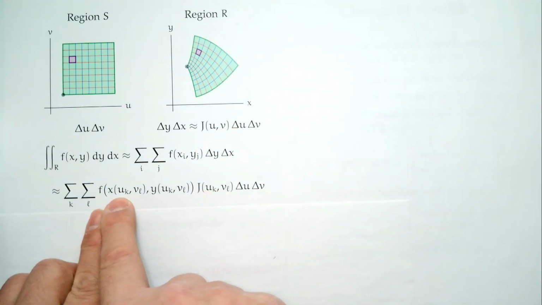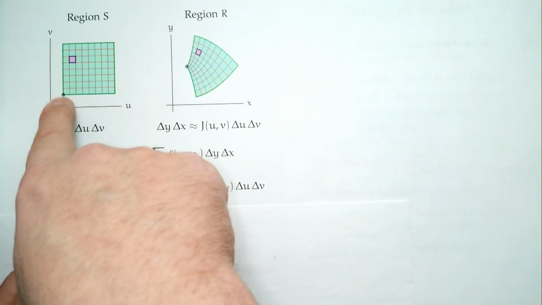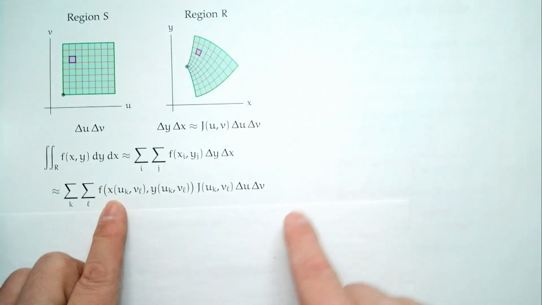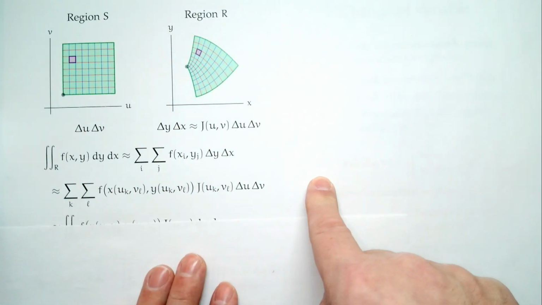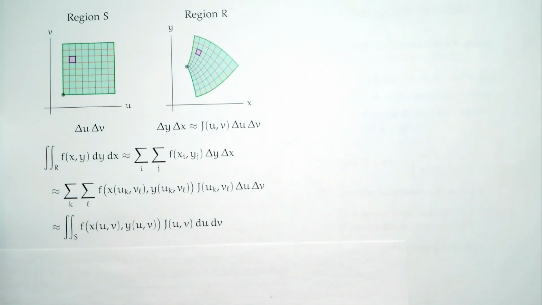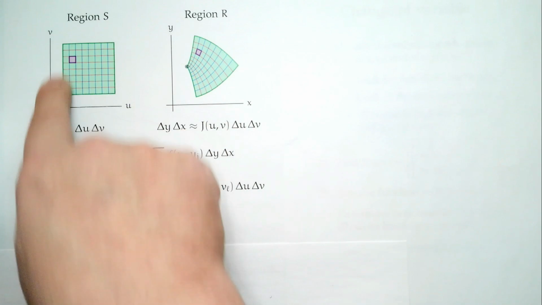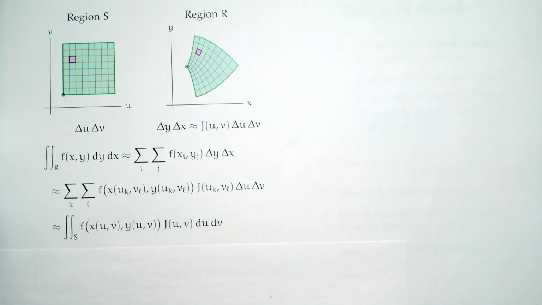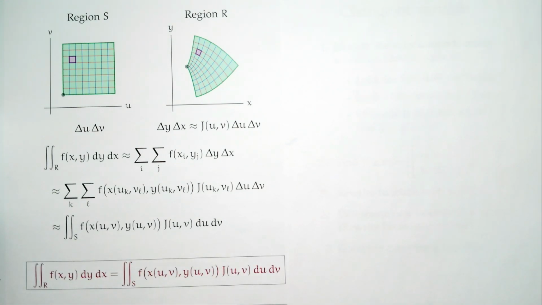And my function of x, y, I can use these points here in the grid to help understand points over there, which becomes the function of x of uv, comma y of uv, times the Jacobian of uv du dv, where we're using our grid over here to break things up. So that says we're integrating over this region S. And that's our change of variables formula. So in general now we can switch our coordinate systems.